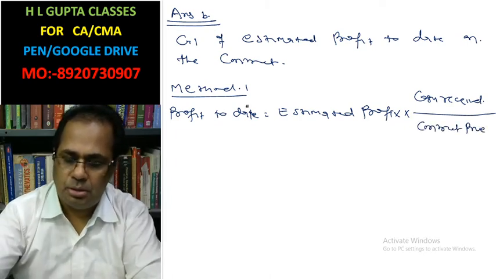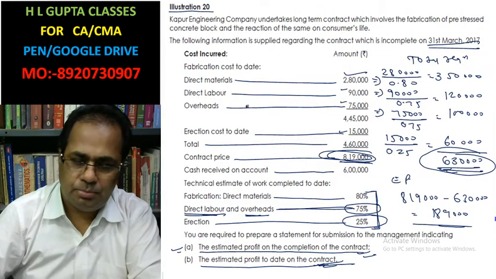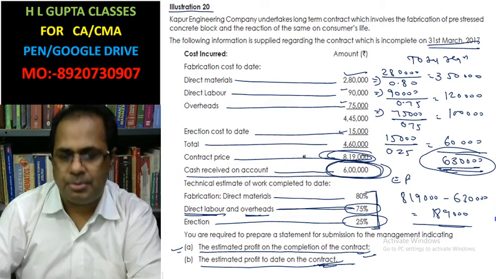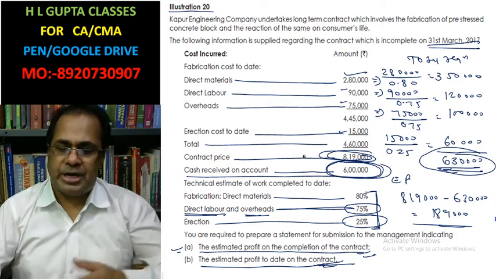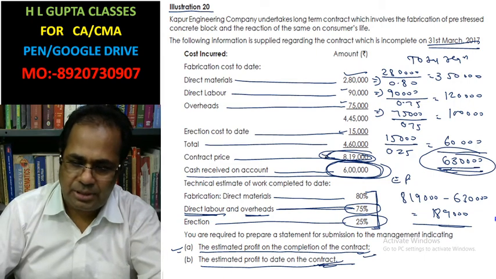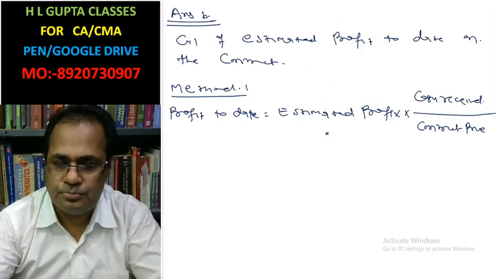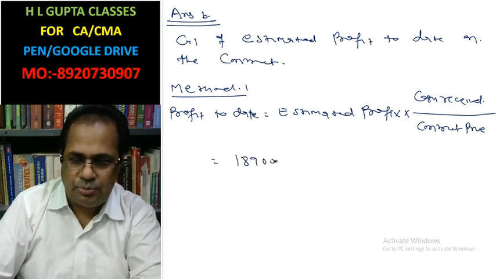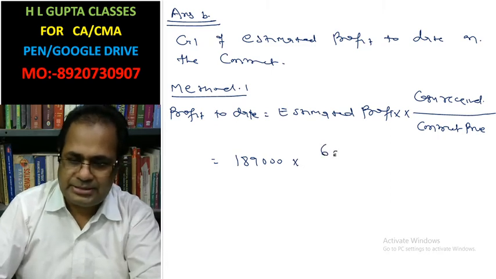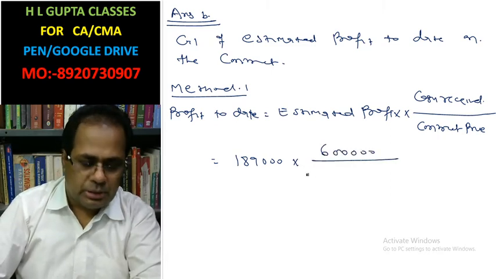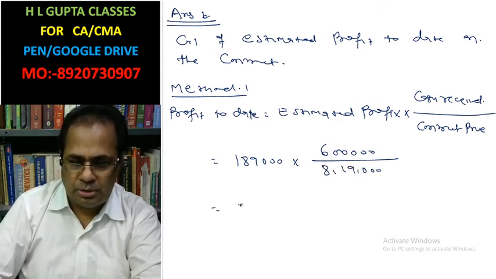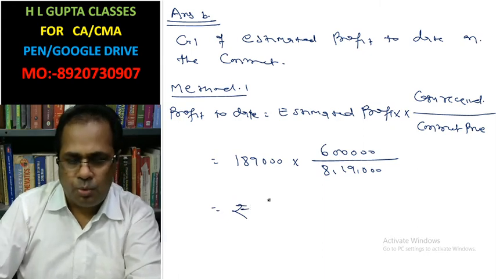Cash received is already given as 6 lakh, the contract price is 8,19,000, and the estimated profit we have calculated is 1,89,000. So this is 6 lakh over 8,19,000, giving rupees 1,38,461.